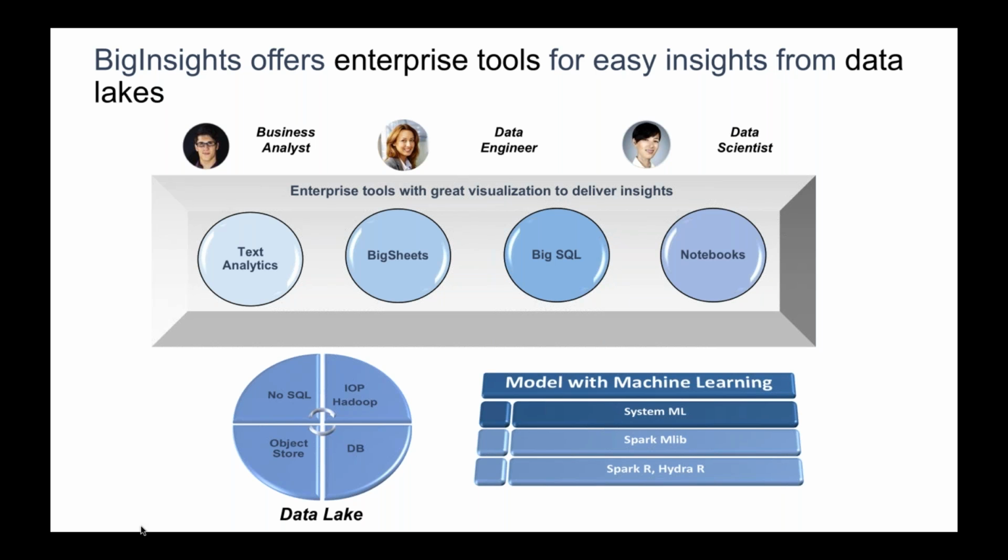We have BigSheets, which has a spreadsheet-like format for customers to get started really quickly, a fairly easy to use tool. And then we have our Big SQL, which is our enterprise SQL engine. It is one of the leading SQL engines today on big data.